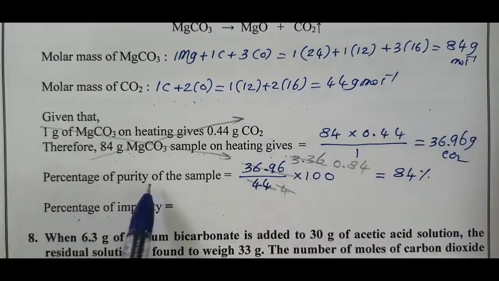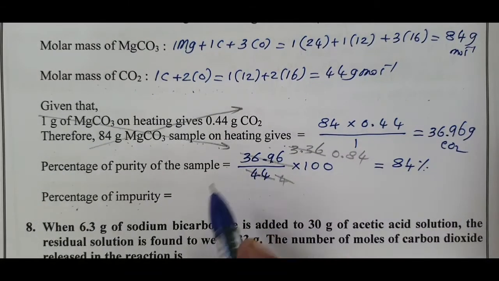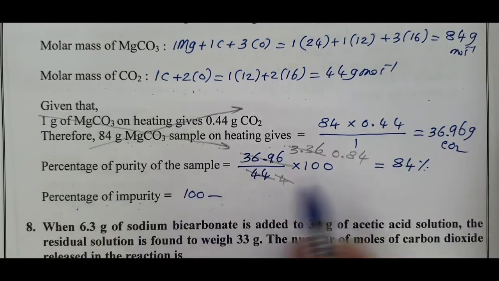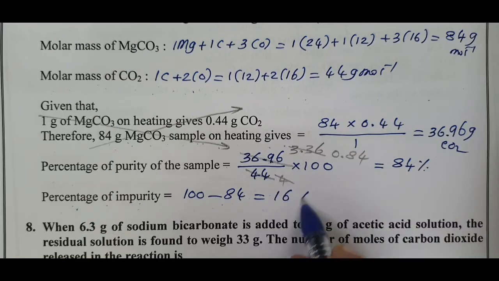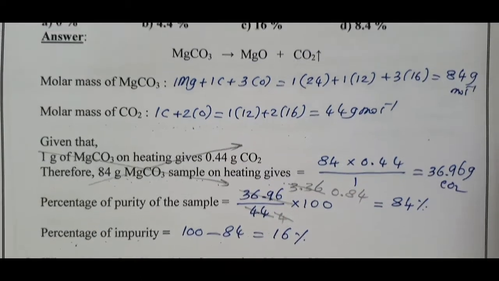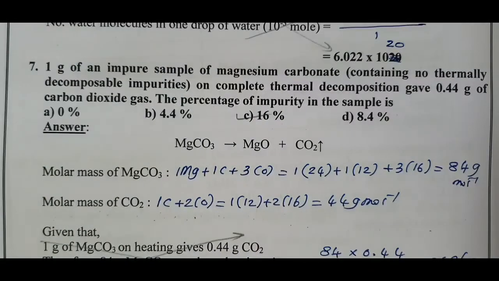This is the percentage of purity. Our question is the percentage of impurity. 100 minus 84, when you subtract these two, you will get 16 percent, the percentage of impurity present in the sample. So, what is the answer? C is the answer, 16 percent.